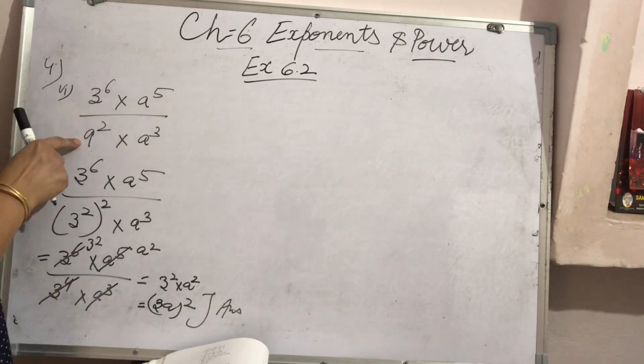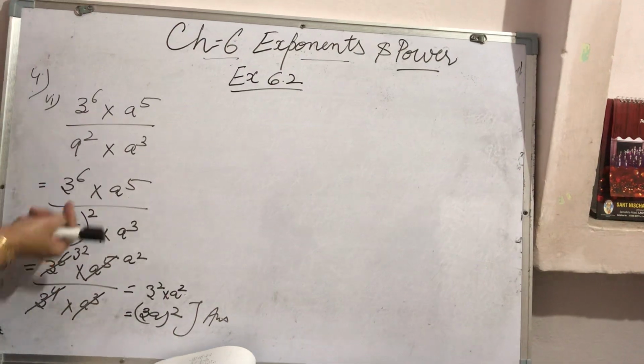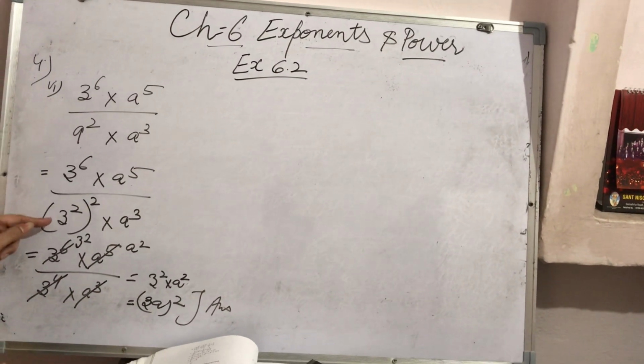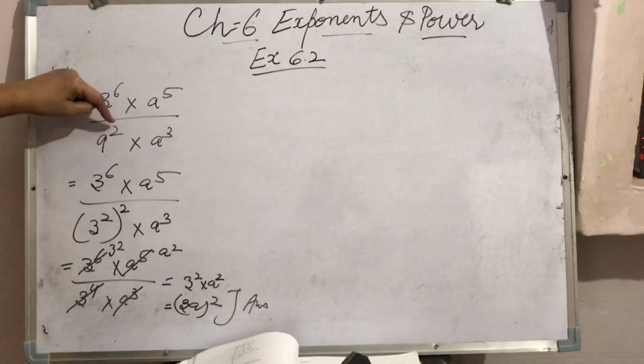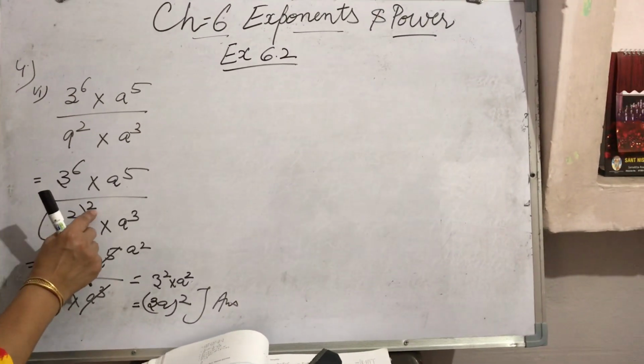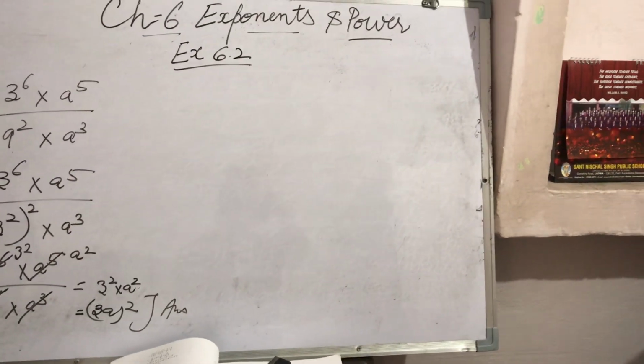So we can make the base the same. 9 we can make with base 3. Easily, 3 3s are 9, 3 raised to power 2. But we already had the power 2, 9 raised to power 2. So powers and powers are multiplied. In this way you can solve this question.